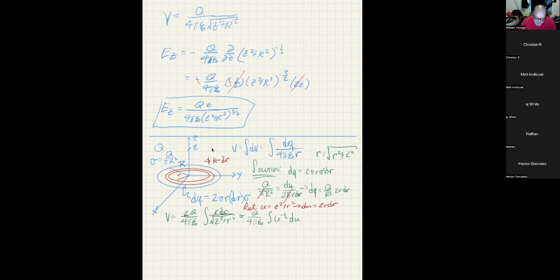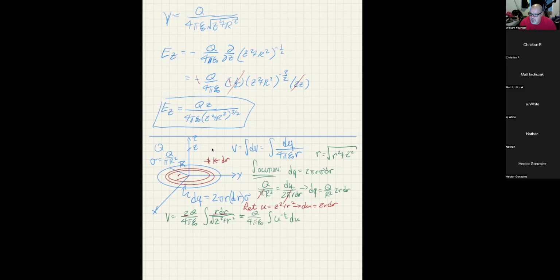I haven't put the range of integration, but I think y'all can tell when we were integrating with respect to r, the range of integration would be from r equals 0 to big R. So I'm not going to do that until I substitute the z squared plus r squared back in. But this is a fairly trivial integral. The integral of u to the negative 1/2 is just, in this case, adding to the exponent. It goes from u to the negative 1/2 to u to the negative 1/2 plus 2/2.